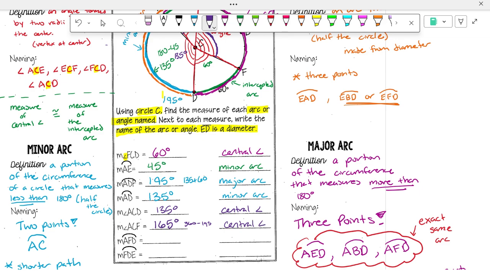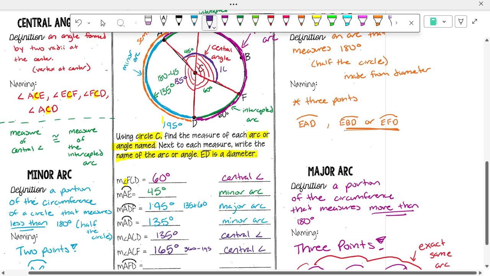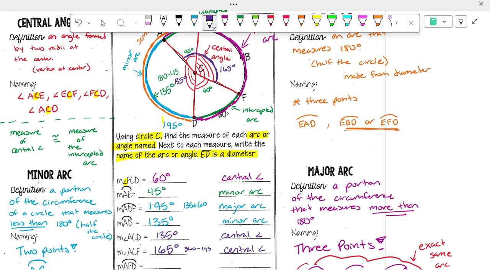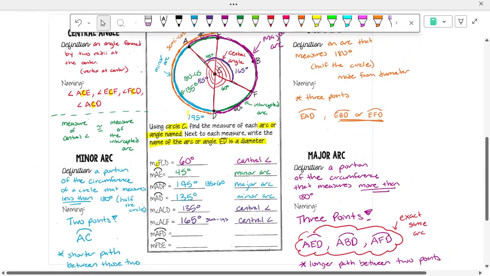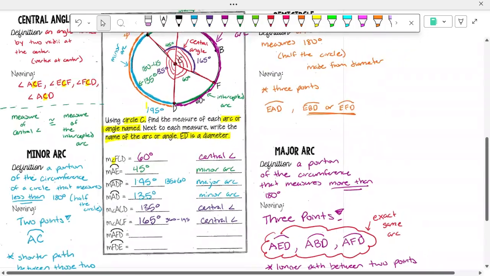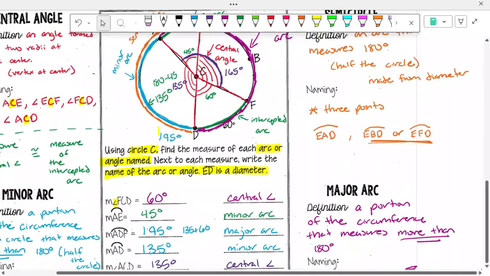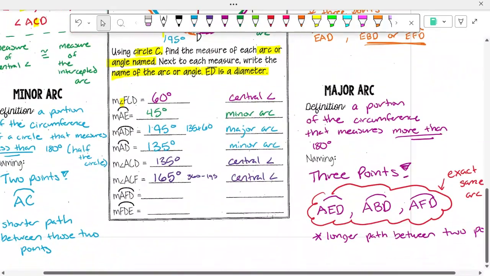And it's a central angle. So this angle right here is 165 degrees. Can you zoom it up a little, like with the equals and stuff?